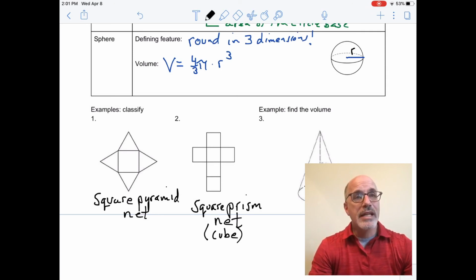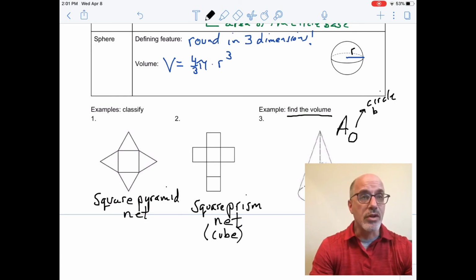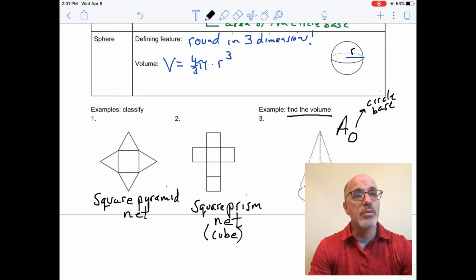Now this last example, we'll do the volume of this cone here. And just as a reminder, when we do volume, you've got to do the area of the base first. And the area of that base is going to be a circle. So to do the circle, you're going to do pi times 3 squared, which is the base.